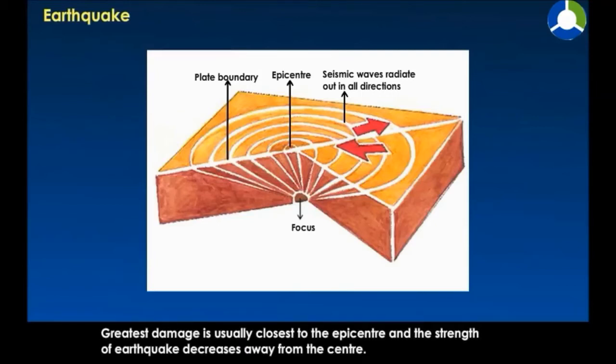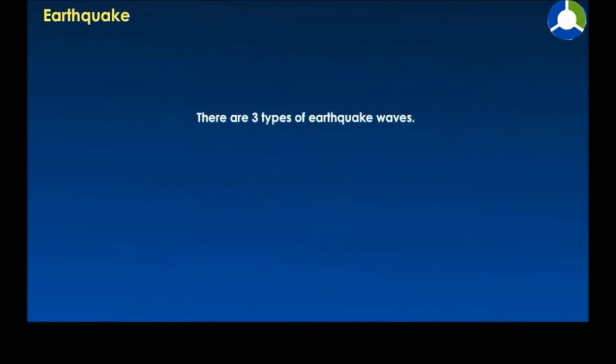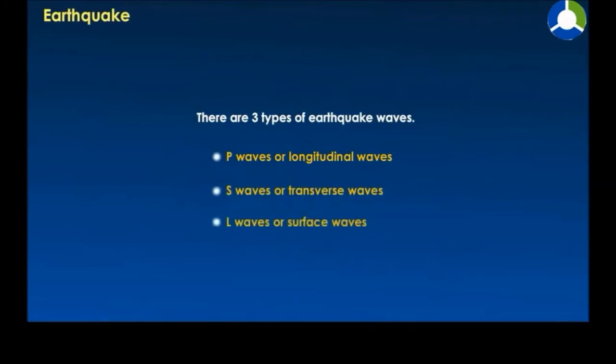Greatest damage is usually closest to the epicenter, and the strength of the earthquake decreases away from the center. There are three types of earthquake waves: P waves or longitudinal waves, S waves or transverse waves, L waves or surface waves.